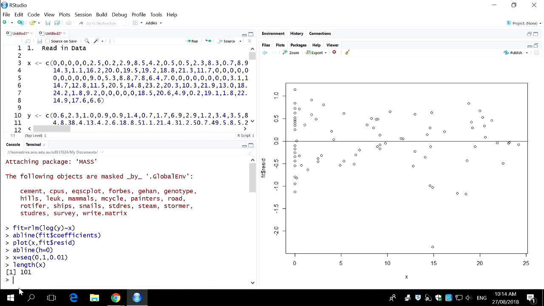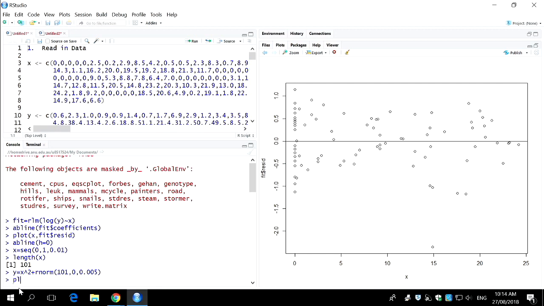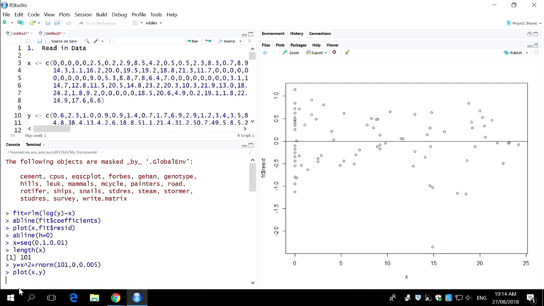Yeah, 101. So Y is going to be X squared plus rnorm. I'm going to generate 101 of them, mean 0, and I'm just going to have a little variance here, 0.005. That'll do.